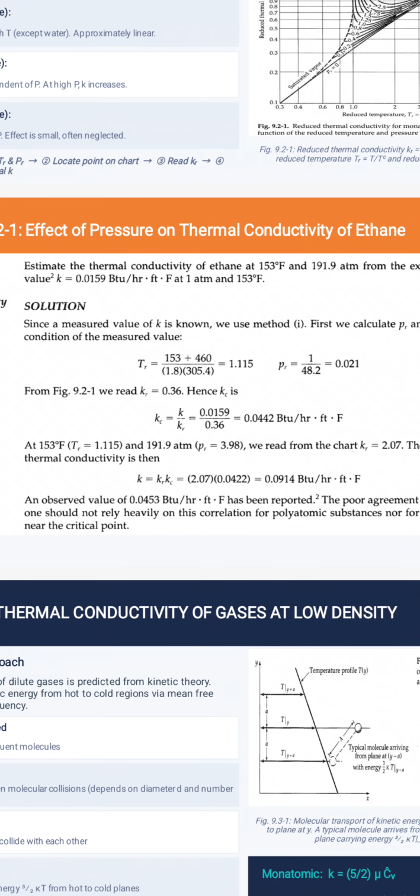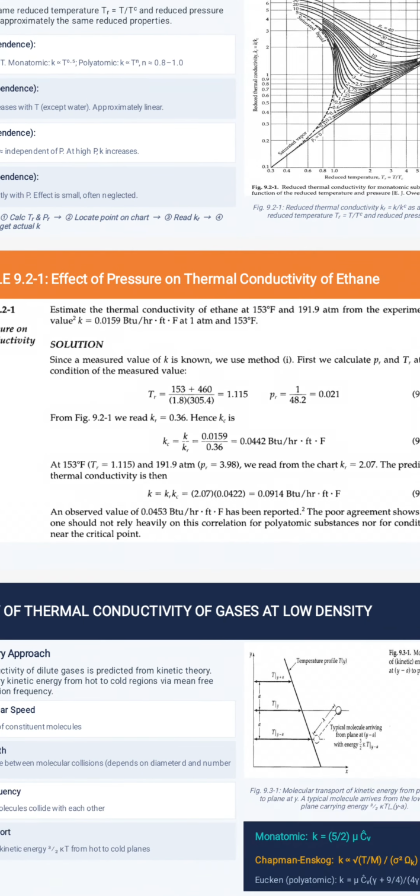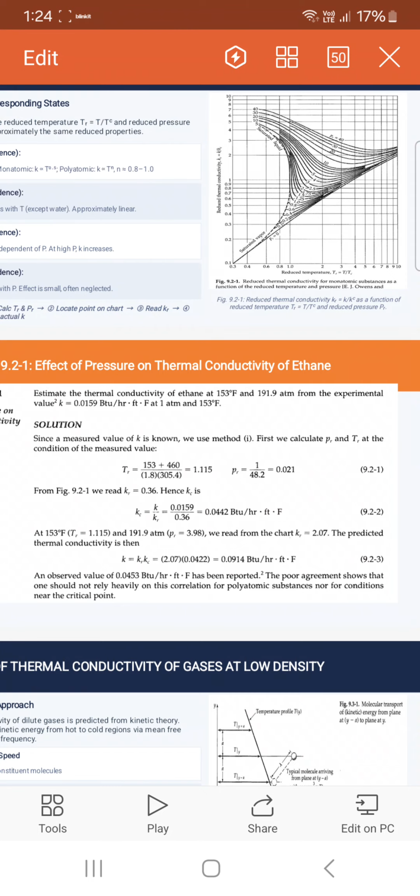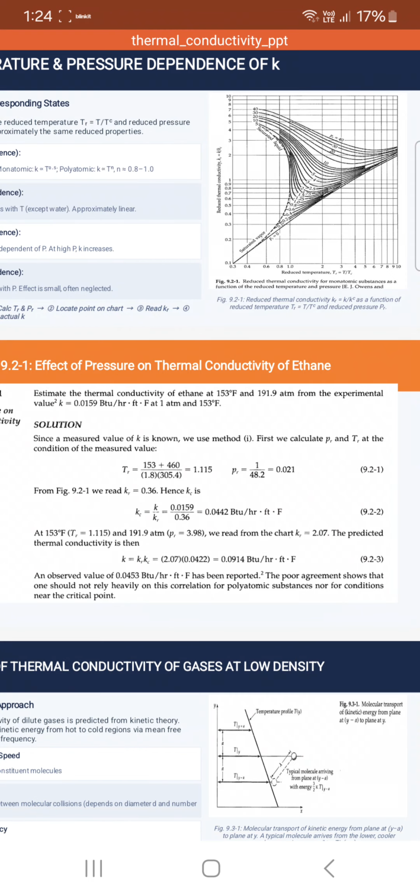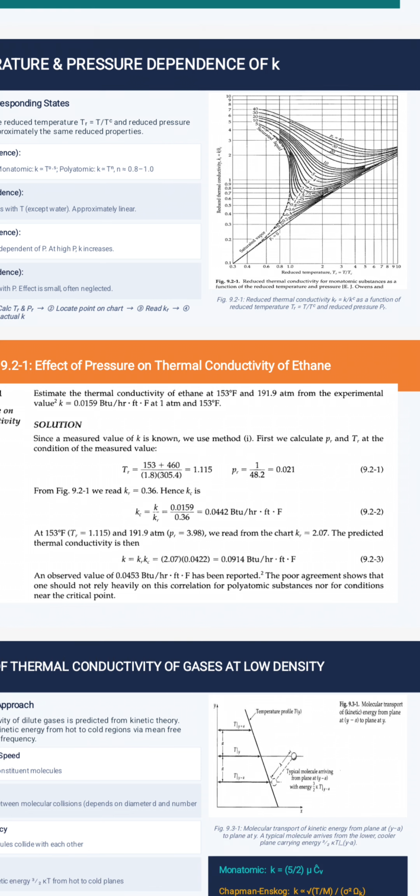Since a measured value of K is known, we use method 1. First, we calculate reduced pressure and reduced temperature at the condition of the measured value, and then we read Kr from the graph. So Tr is equal to (153 plus 460) by 1.8 into 305.4, which gives us 1.115.